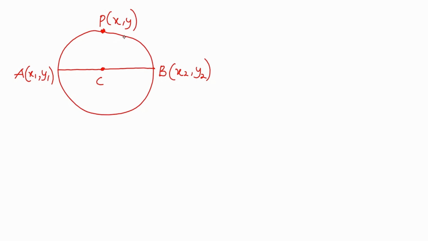From here, we are going to apply the circle theorem, which says that the angle subtended by a diameter at the circumference of the circle is 90 degrees. This diameter subtends an angle at the circumference, and that angle is 90 degrees.